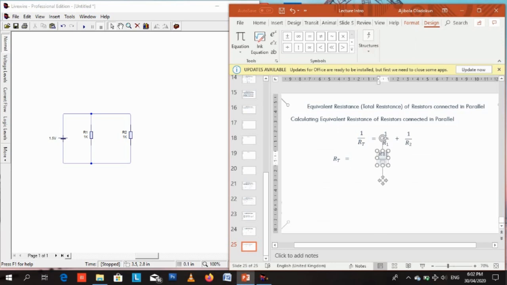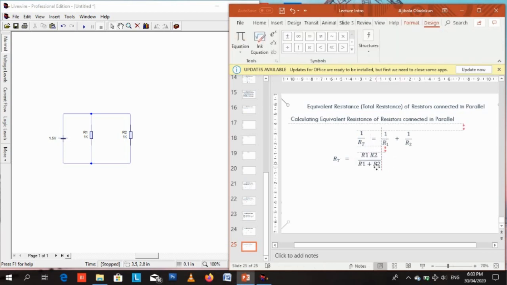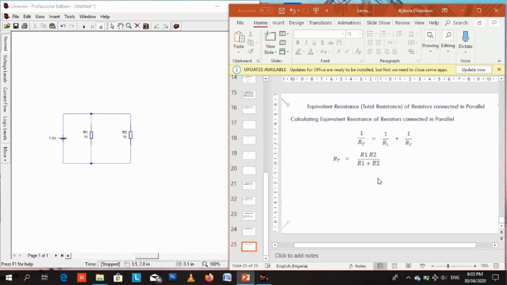So 1 over R1 plus 1 over R2, we can actually simplify using LCM. If you simplify 1 over R1 plus 1 over R2, you find the LCM. The LCM is R1 R2, and then you add them. This is O-level mathematics. I probably should not spend too much time explaining how it works.